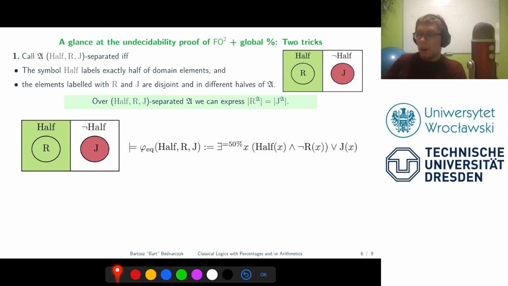First of all, I specify that exactly 50% of elements satisfy half and not R. So I basically take half of the elements, I throw out the elements not satisfying R, and then I give back the elements satisfying J. If it sums up to precisely 50%, then there must be the same number of elements satisfying R and satisfying J. Otherwise, we will not get precisely 50%.